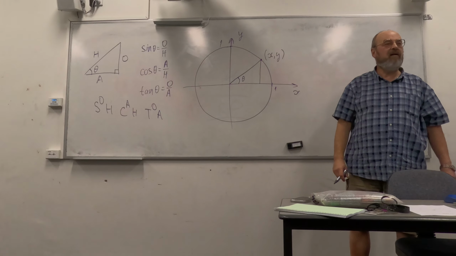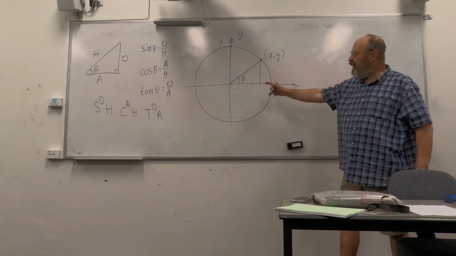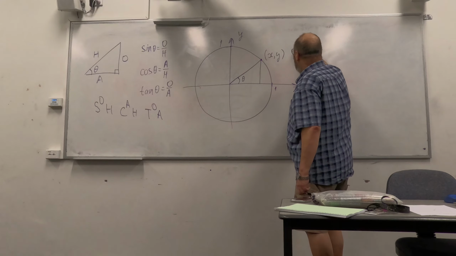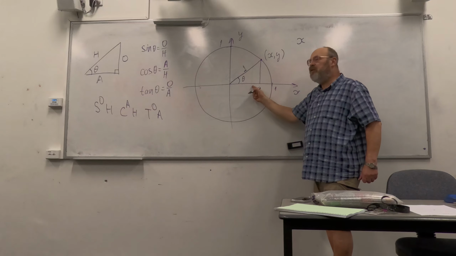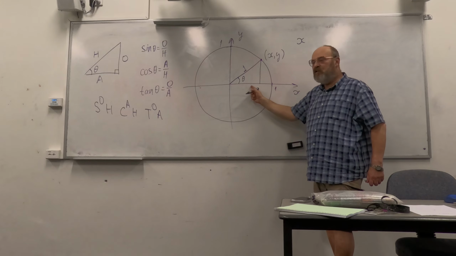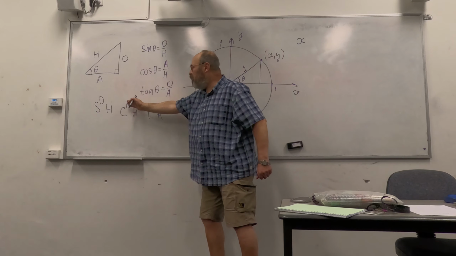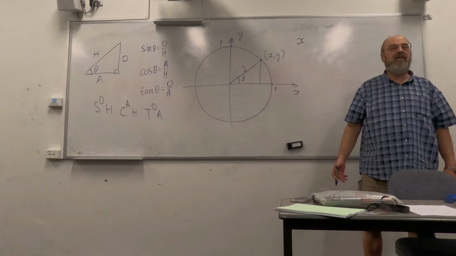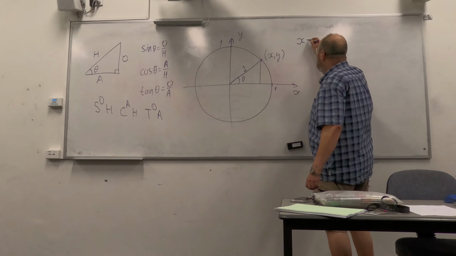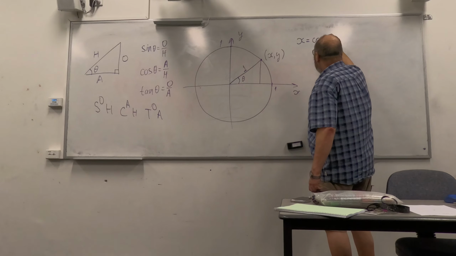What will x be equal to? The hypotenuse is 1. The x coordinate is the adjacent side. So adjacent equals hypotenuse times cosine. But hypotenuse equals what? 1. So you get x equals cos theta.